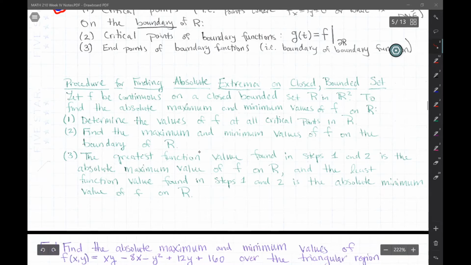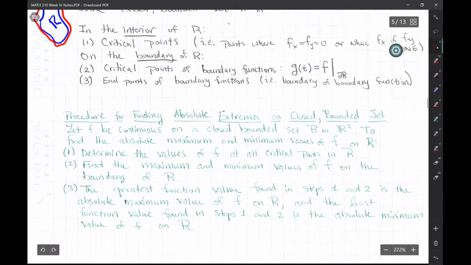So what is the procedure that we'll use in order to find the absolute extrema on a closed and bounded set in the plane? Well, first we're going to look for the critical points. That's category 1 there. Then we're going to look at the boundary, and we're going to look for critical points of the boundary function. Here, this is the critical points of a function of one variable. Please make the distinction between critical points of the boundary function and just general critical points of the function.